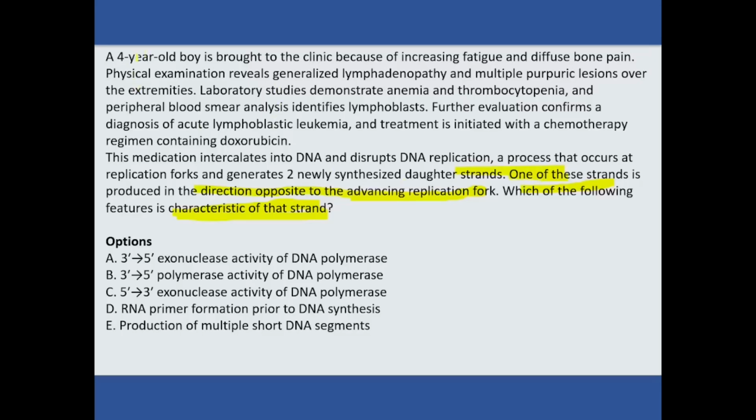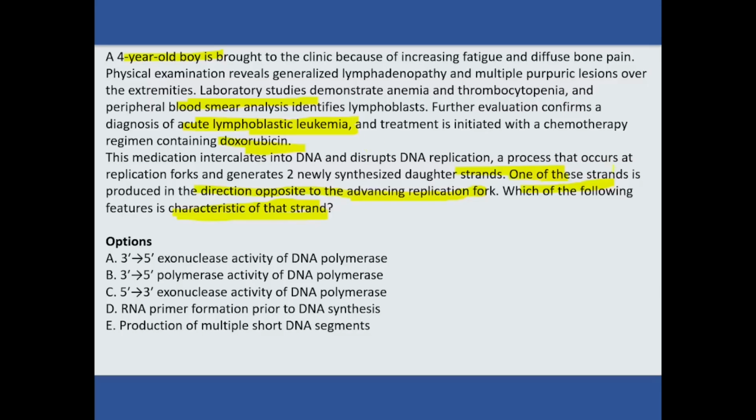All of this is not important. This is just the context that they've given you. You're not supposed to know what doxorubicin does. You're not supposed to know that we use it in acute lymphoblastic leukemia. You are supposed to know that if you're sitting for Step 1, but for this question, they're not testing that.